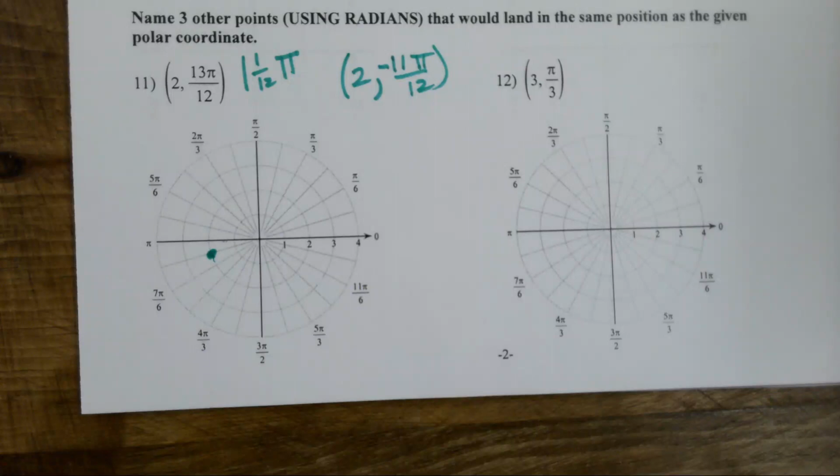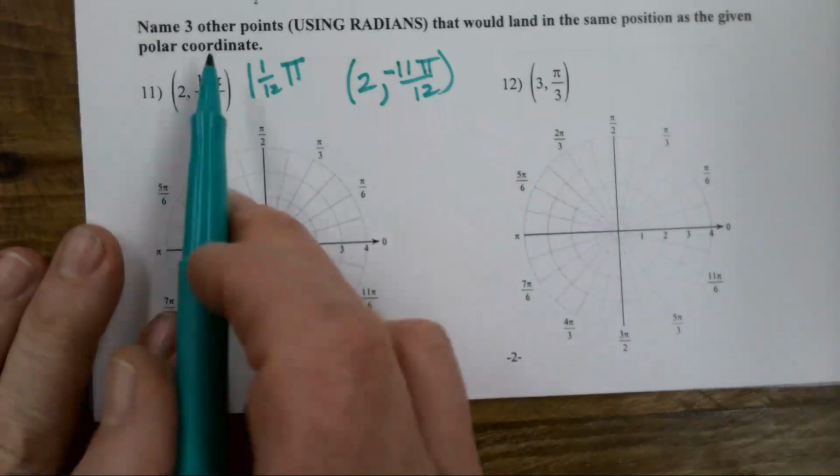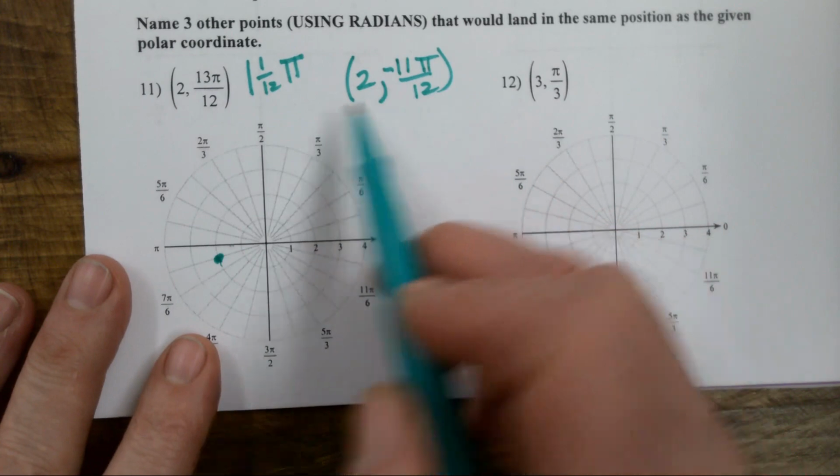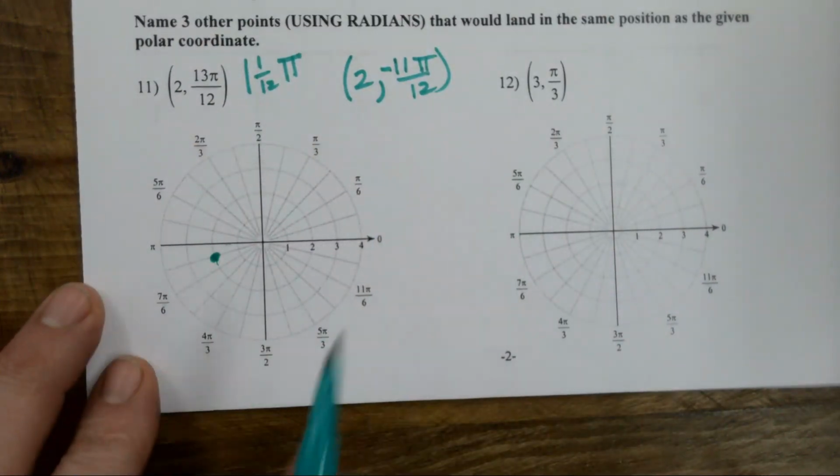I kind of want these two things to add up to be a total of 2 pi if I were going to take the absolute value and add them. So 13 twelfths plus 11 twelfths gives me 24 twelfths. That would be the full circle, okay?